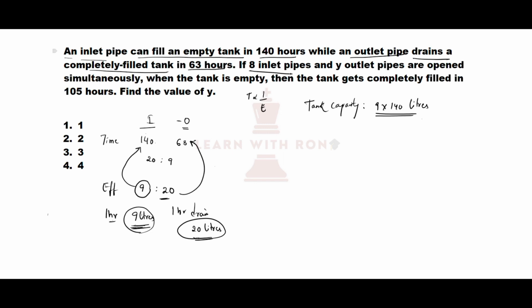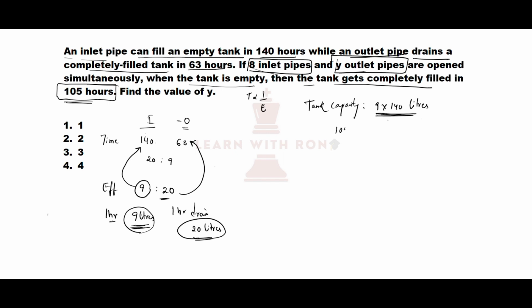If 8 inlet pipes and Y outlet pipes are opened simultaneously when the tank is empty, the tank gets completely filled in 105 hours. What is the tank capacity? 9 into 140 liters. This 9 into 140 liters is filled in 105 hours by 8 inlet pipes and Y outlet pipes.